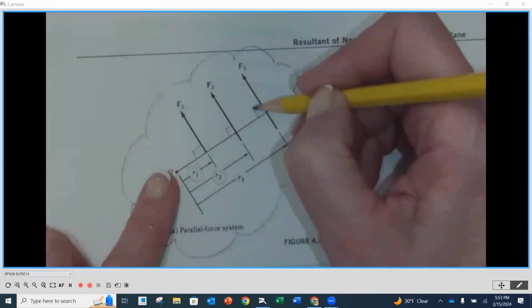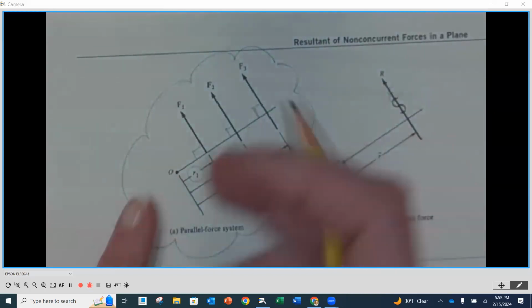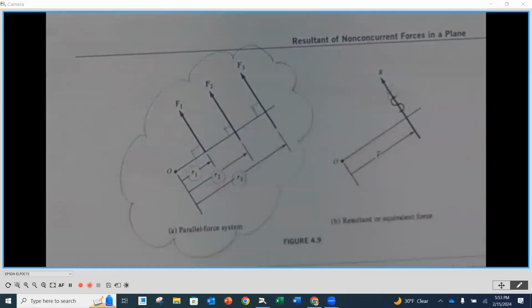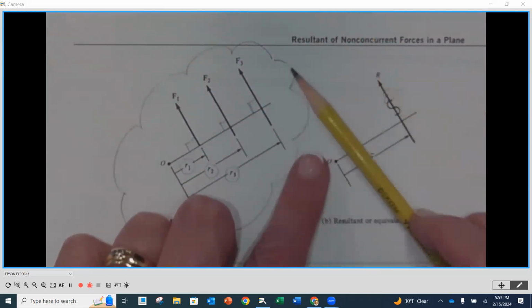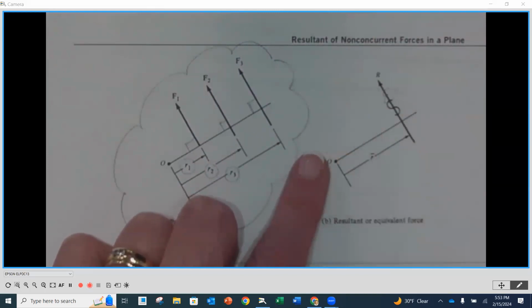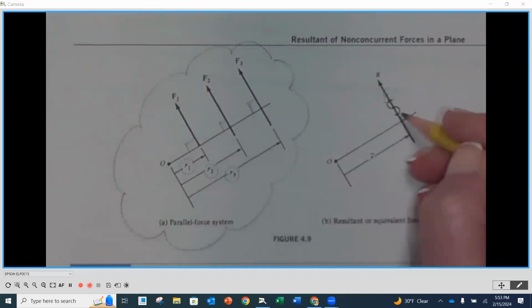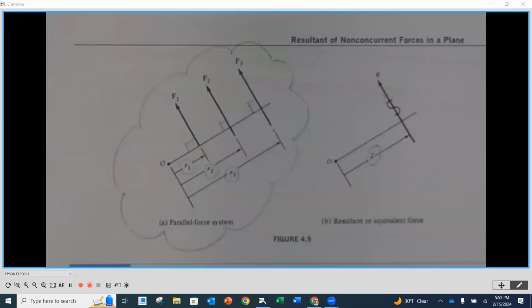So we find the total moment those three forces cause about point O. Then we take our resultant and figure out where along this line it has the same net effect. We're going to call its radius R bar. It's just how they chose to call it.